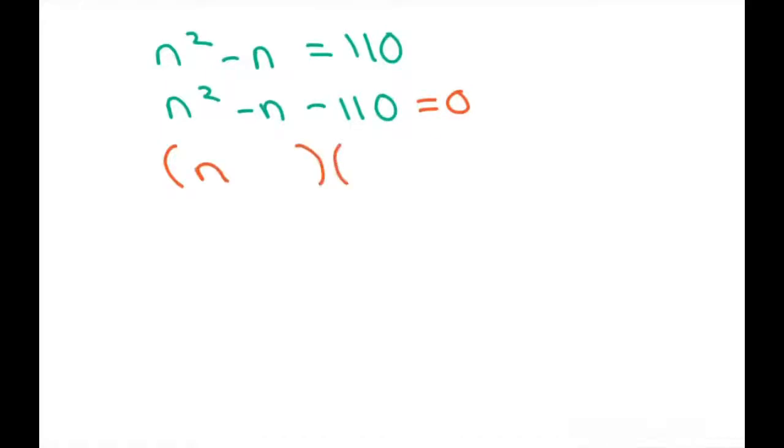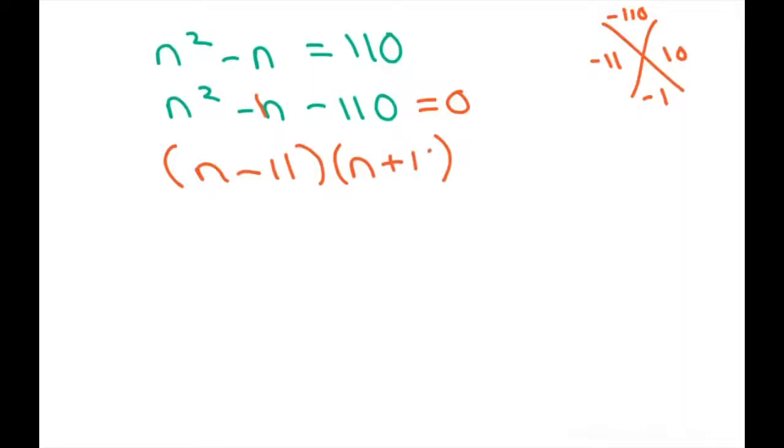We need negative 110 and a negative 1. So the two numbers have to be 1 apart from each other. So that's going to be negative 11 and 10. So that's minus 11 and plus 10 equals 0.